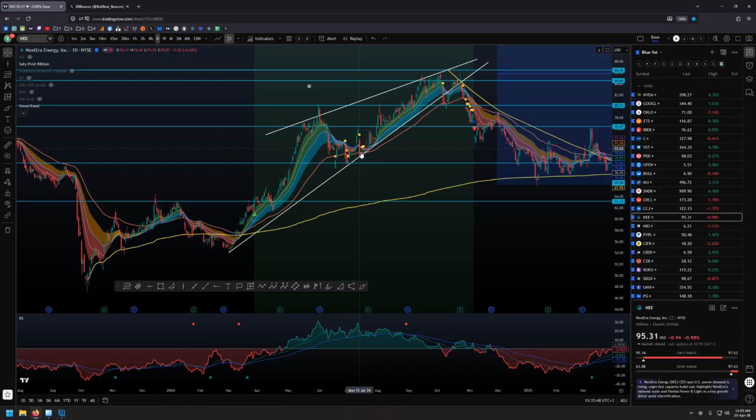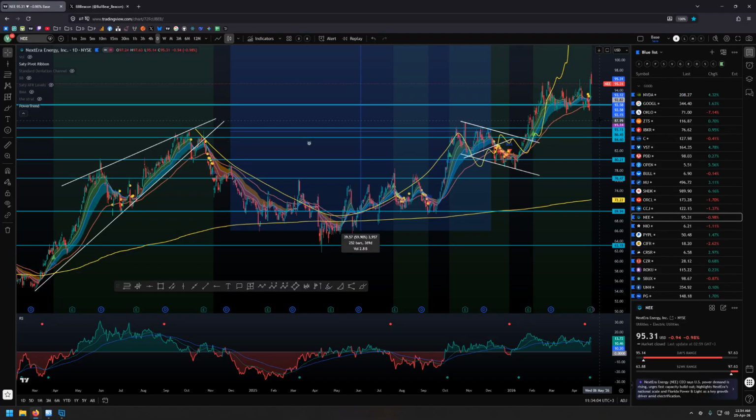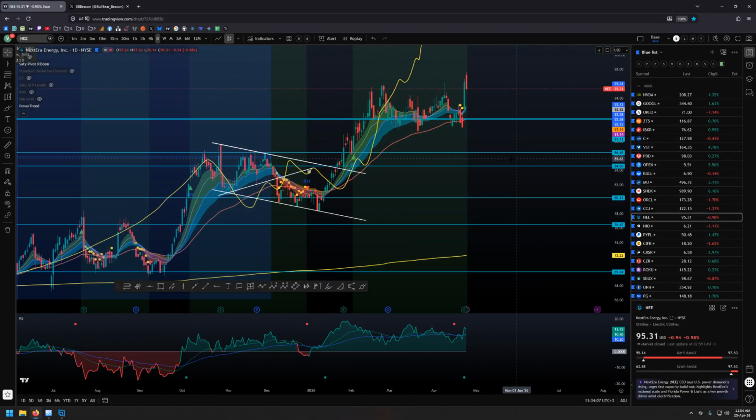Basically, when we are in a power trend, we will pull back because the market pulls back and some weakness generally is to be expected at some point after going up a lot. But we generally tend to see pullbacks to these yellow lines and then move higher. And this is what we saw on Nextra.